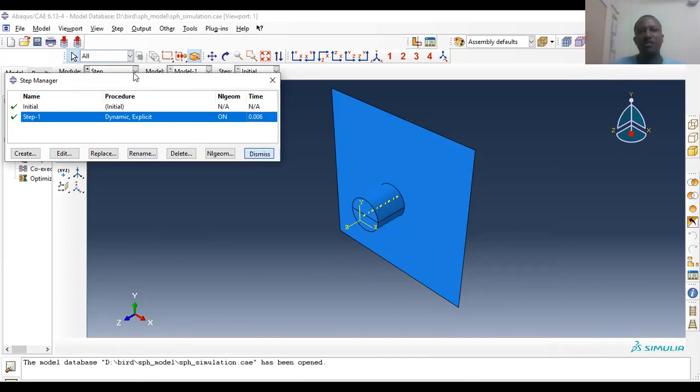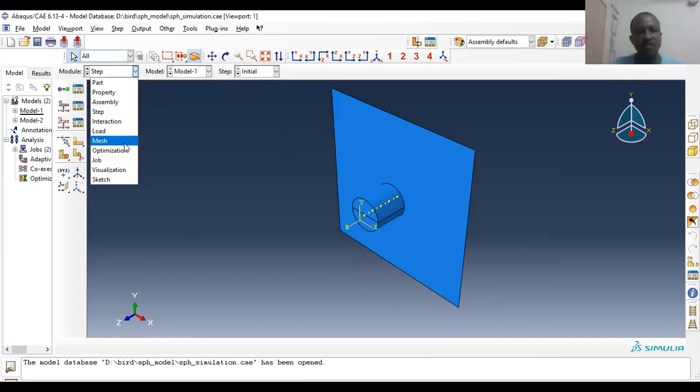So this is the model made for bird impact, and then the job is run.